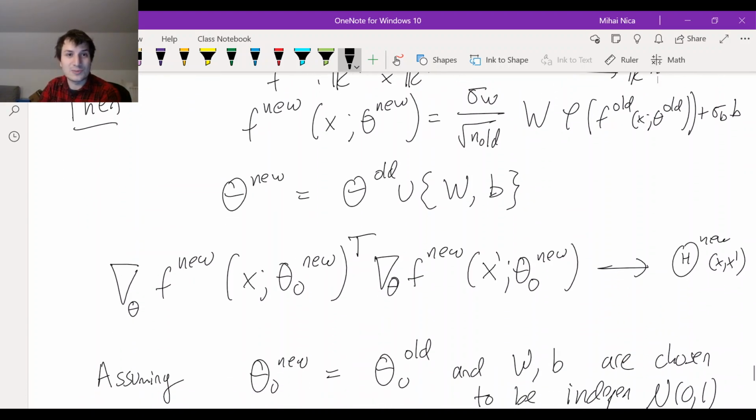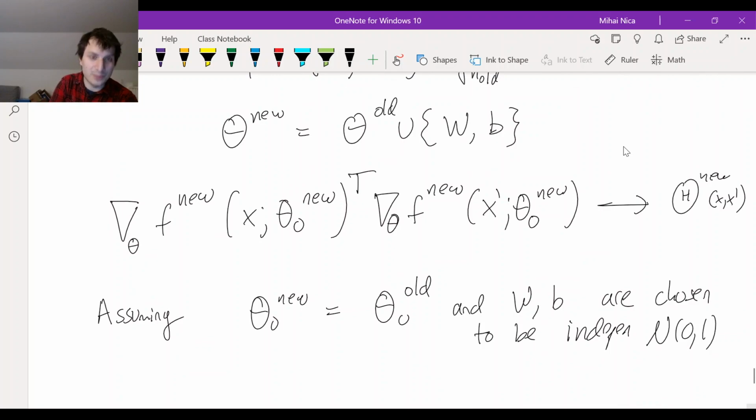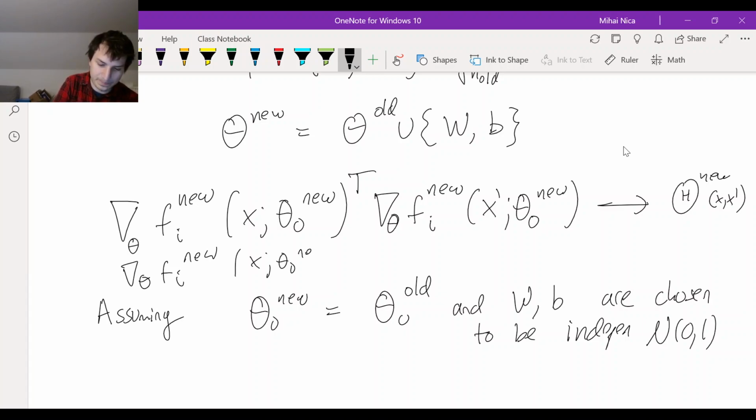So this is supposed to be an n_new by n_new matrix, so I'm going to look at the components. For any i, it's going to converge to this, and for cross components, i not equal to j, it's going to converge to 0.